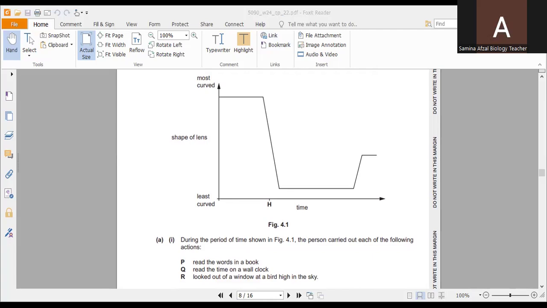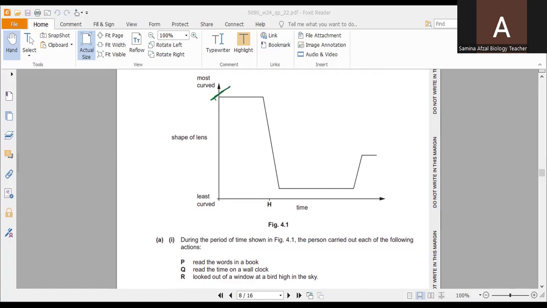First of all, you can see the most curved part, at the starting point.